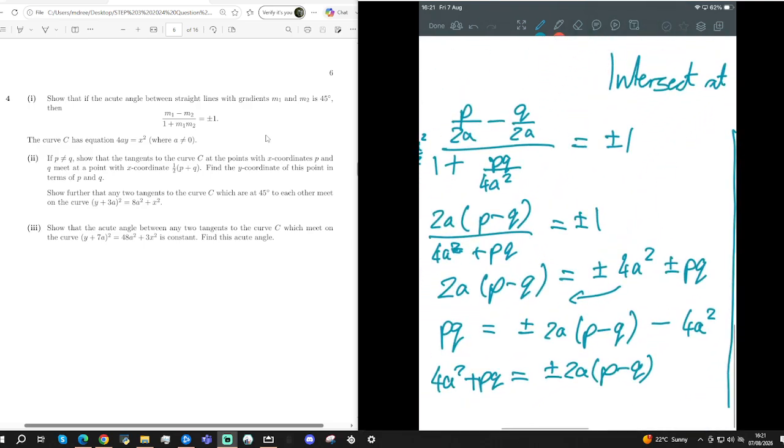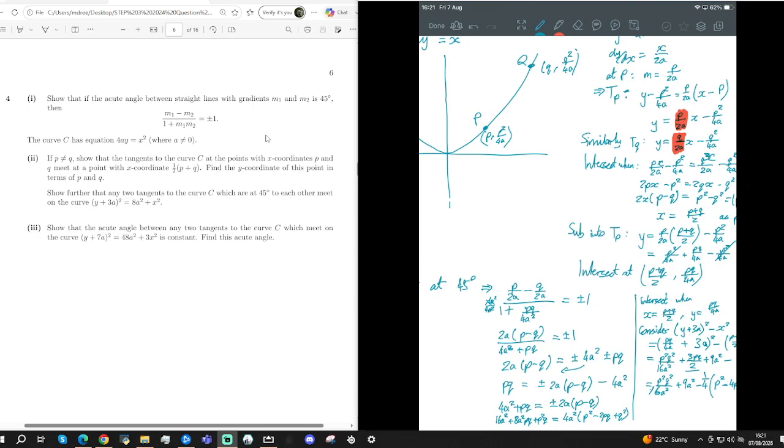If I do look over to this, if I continue manipulating this expression and I square both sides, this is going to be 4a squared times p squared minus 2pq plus q squared. I square the other side, 16a squared plus 8a squared pq plus p squared q.